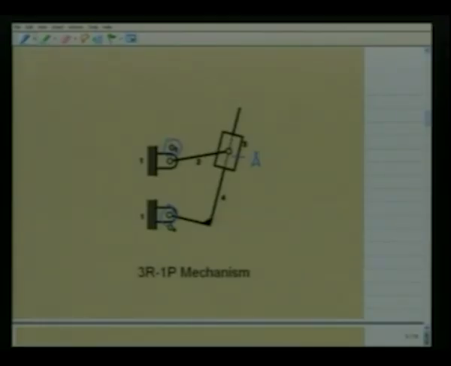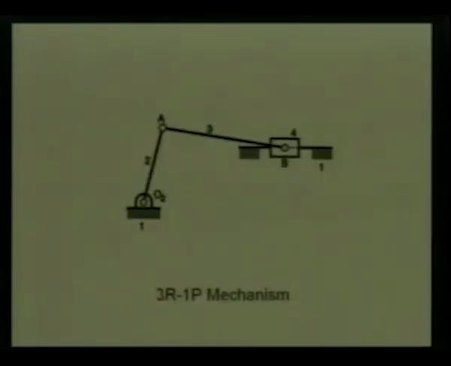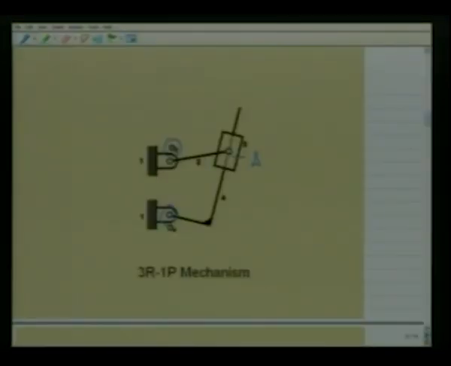Whereas in the previous mechanism, the fixed link had a revolute pair at one end and a prismatic pair at the other end. Here again we have 3 kinematic dimensions, namely O2O4, that is the fixed link length, O2A, that may be the crank length, and the distance of this line of reciprocation from these fixed hinges.